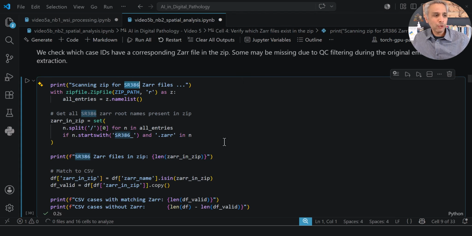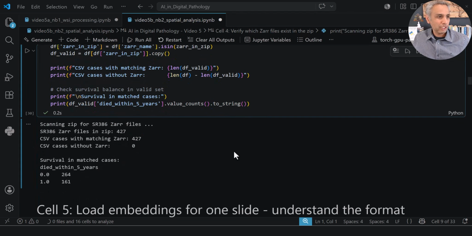Once you have that, you know how many you have, and that's what I'm printing down here. There are 427 zip files. We also load the CSV, remember the second one, the labels, or the metadata in a way. It's a CSV file, and we have 427 of them, and all of them are matching the names here. Everything's fine. So that's a nice sanity check right there.